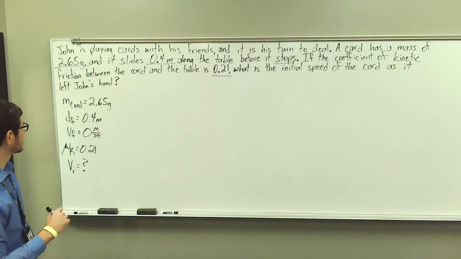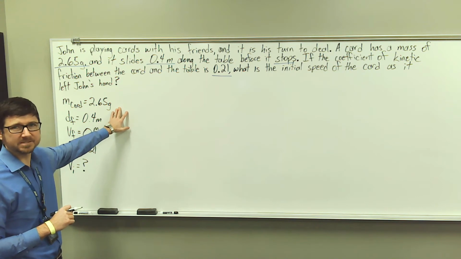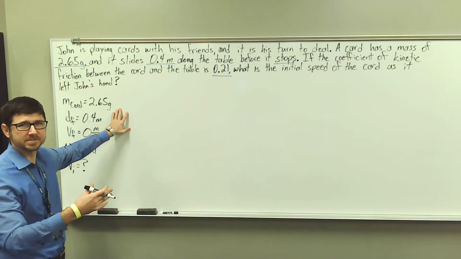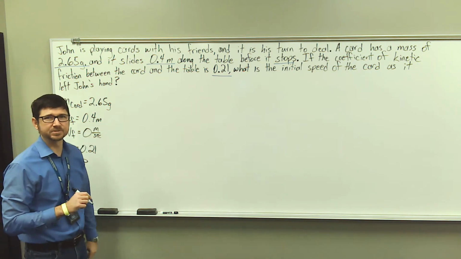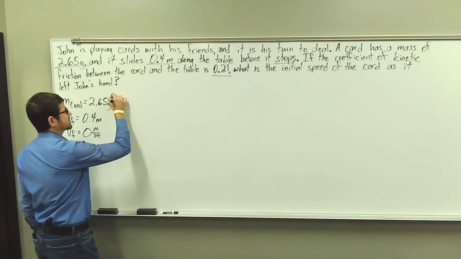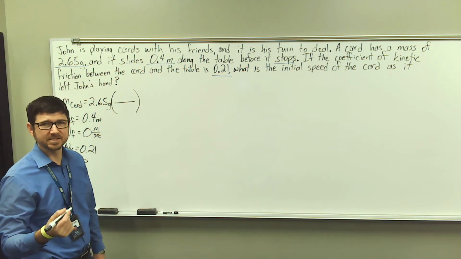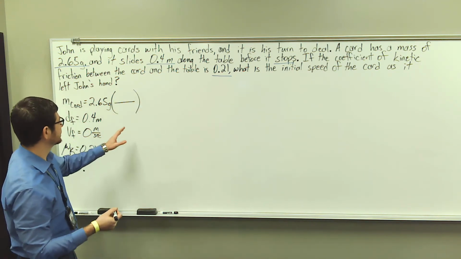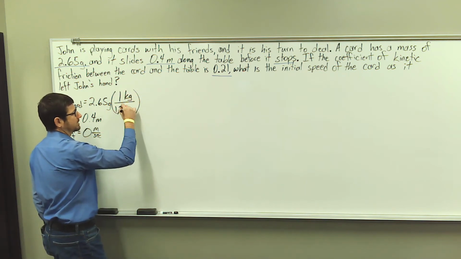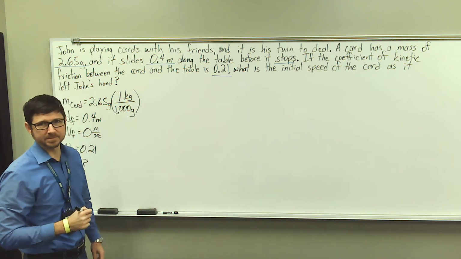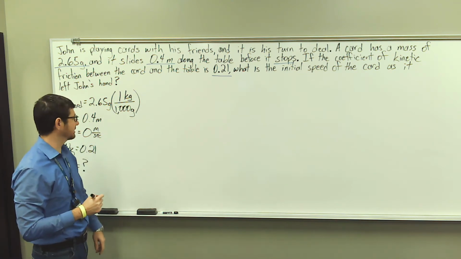That is our goal. The first thing I would like to do is go ahead and convert the mass of the playing card from units of grams to units of kilograms. Now we can perform dimensional analysis here, and so we're going to multiply by a ratio that eliminates the unit of grams, and we're going to multiply by 1 kilogram divided by 1,000 grams, because we know that 1,000 grams equals 1 kilogram.